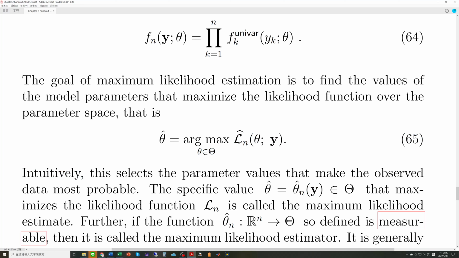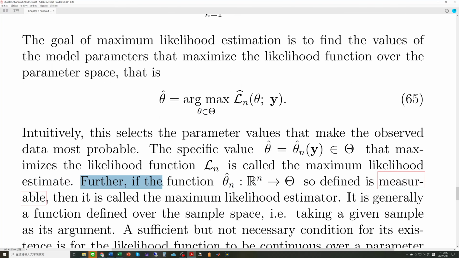So the optimal theta, that is theta hat, is also in the set capital theta that maximizes the likelihood function Ln. It is called the maximum likelihood estimate.